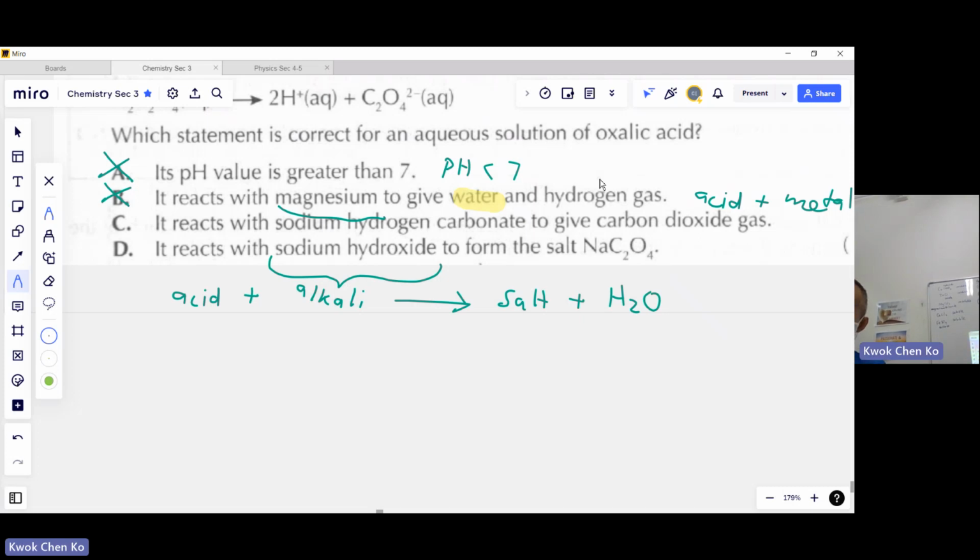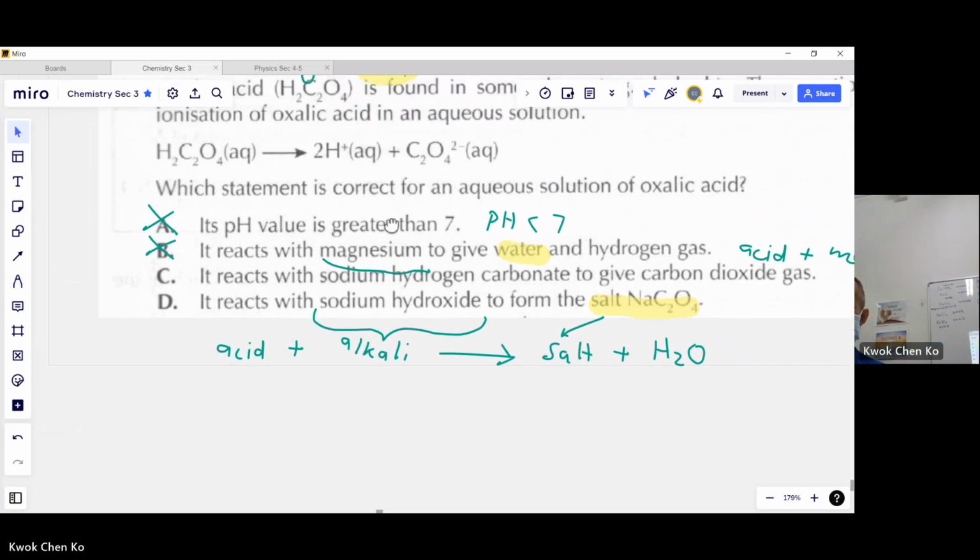Oh, this looks fine. I mean, after all, they did mention the salt here. Okay, so yeah, maybe this is the salt. Maybe, but look carefully. Now, what is the charge for oxalate? Oh, by the way, this is called oxalate.